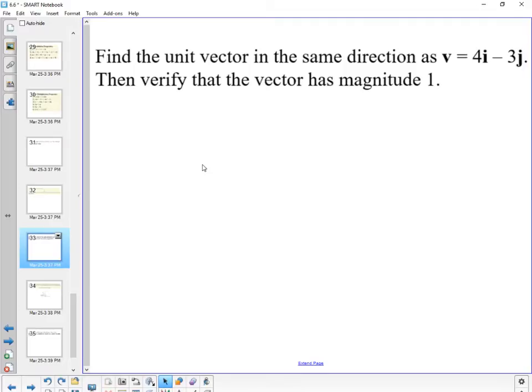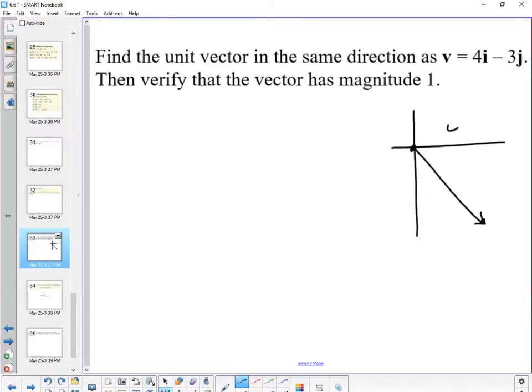No, sorry. So we got a magnitude of 5. How does that make it good? Does that mean that 4i minus 3j is 5? So this is 4 and this is 3, right? It's right there.